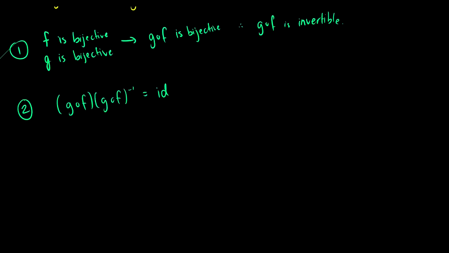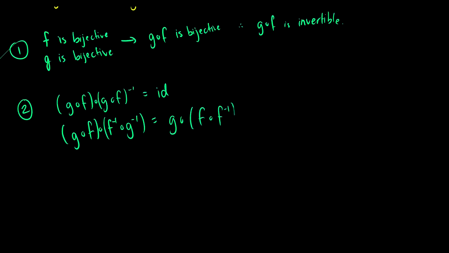So what we'll do is we're going to take g dot f and we're going to test f inverse dot g inverse in its place and see if we get the identity function back. I should put this dot here because we are composing 2 functions here. So first we'll use the associativity law, and we're going to group our f and f inverse together. And with this, we're going to produce the identity function.